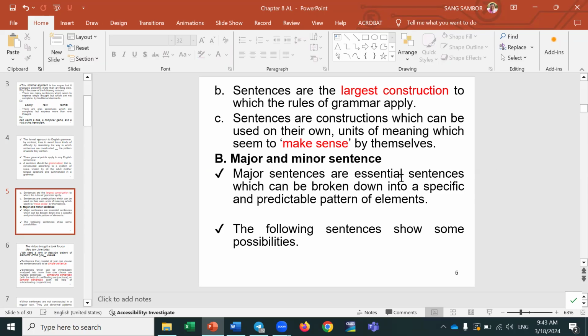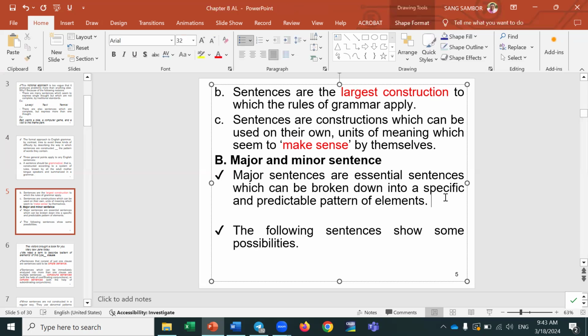Major sentences are essential sentences which can be broken down into specific and predictable patterns of elements. Okay, so if you look at a major sentence, it is the one which is constructed, the one which is formed by following the rules of English grammar. So you can just have a look at the example here.